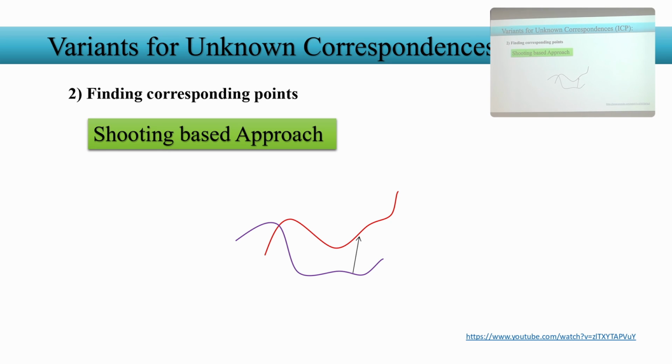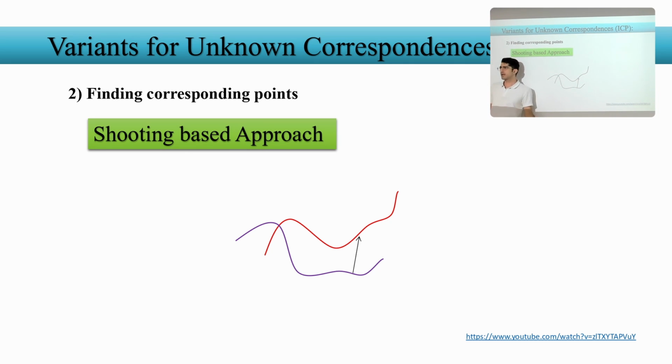Another technique for finding correspondences is the shooting-based approach. The shooting-based approach says, if you want to guess this point, shoot. What does it mean, shoot? It means shoot a line. Although it may be wrong, shoot. Then shoot many of these, then try to match it.